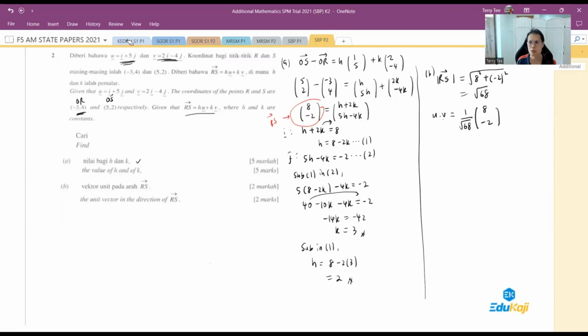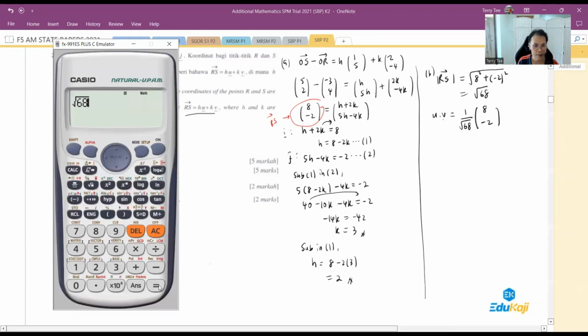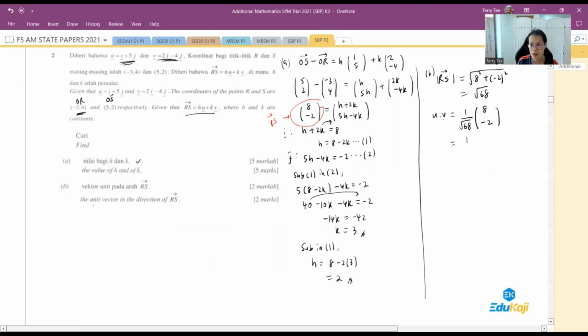However, notice one thing, when you use this to solve it, your vector can be simplified further, because you learned in surds, right? If you take square root 68, this is not the simplest form. Square root 68 is 2 root 17. Yeah, 68 is 4 times 17. You can write it like this: square root of 4 times 17, right?